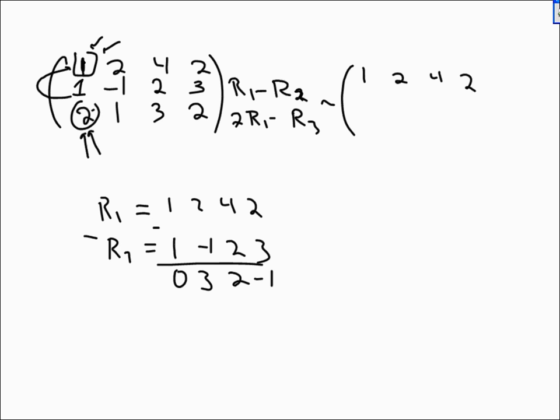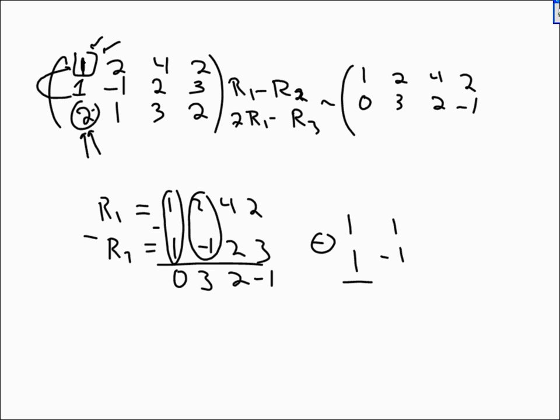Now, please, I don't mind that you get 0 when you say 1 minus 1. I wouldn't even mind if when you subtract those, they're not the same. Okay, scratch that. 0, 3, 2, negative 1. What I'm saying is, if you're subtracting, I don't mind if you say this is 0. I don't even mind that much if you say that's 0.